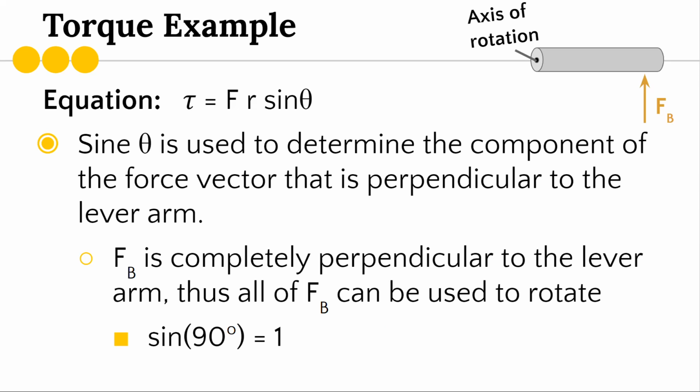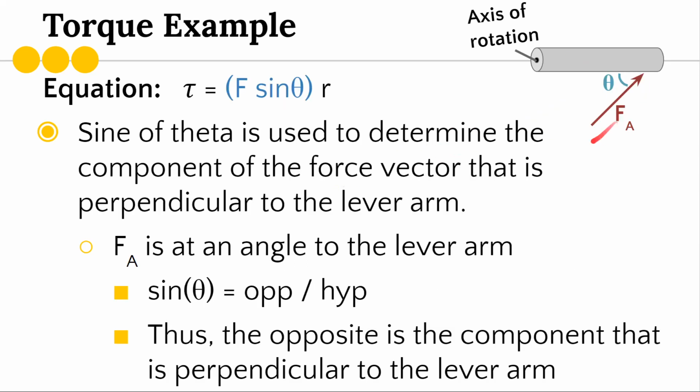If you were to plug in that angle, you'd call that 90 degrees because that's the angle between F_B and the lever arm. It's at a right angle, it's perpendicular. And the sine of 90 degrees is, of course, 1, which means that your torque is just F times R, because F times R times 1 is just F times R. So the entire force is therefore causing a torque on this object.